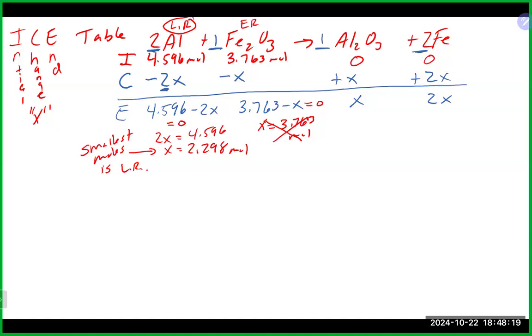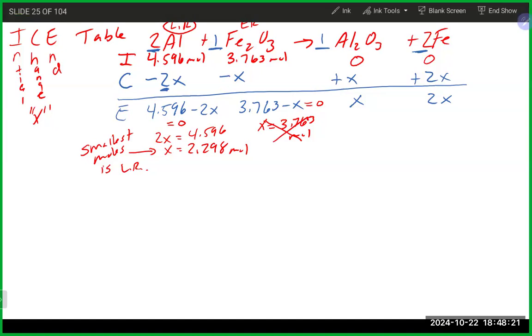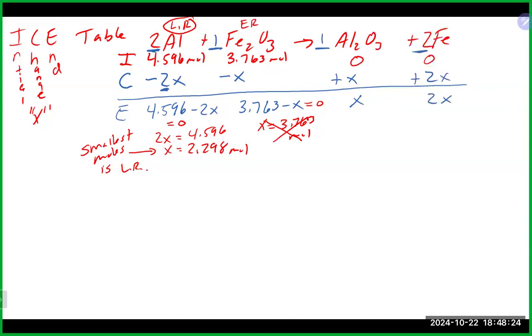So why is this kind of good? Because now if we look at our ice table, we now have an x value, and that x value is this x, this x, this x, and this x. It's all those x's, which means we can very quickly figure out what was asked in the question, which is, how many moles, for example, of our aluminum oxide, which if we look at our ice table is equal to x, and we know x equals 2.298 moles of aluminum oxide.